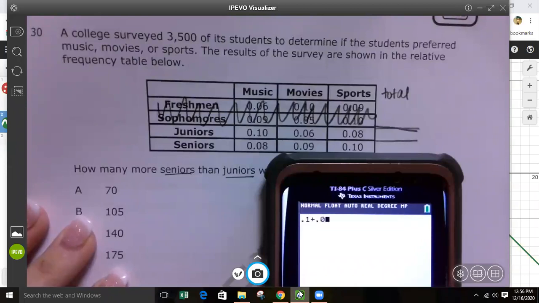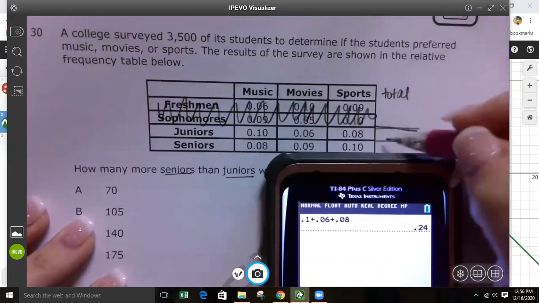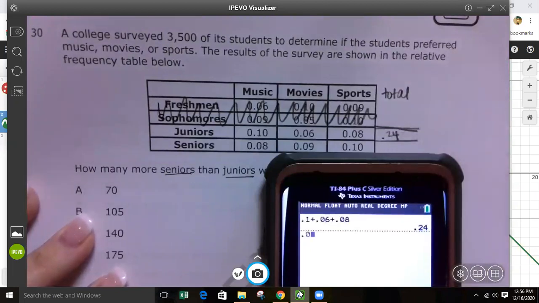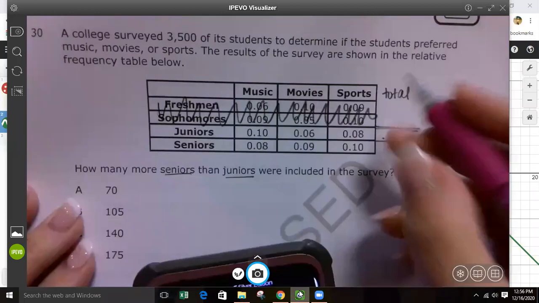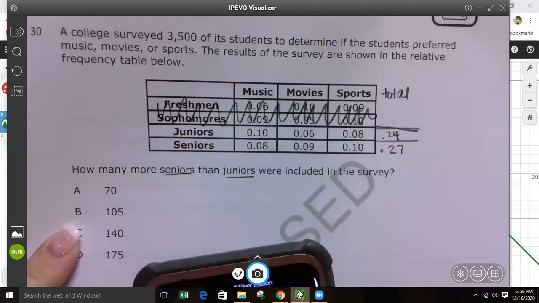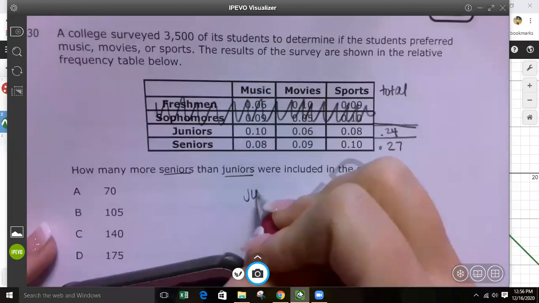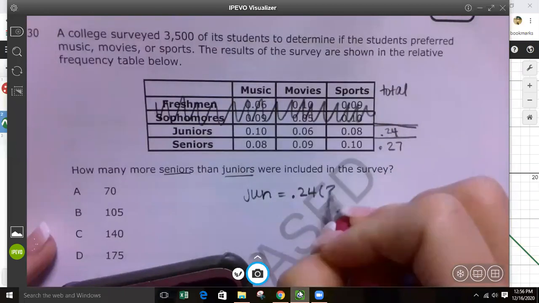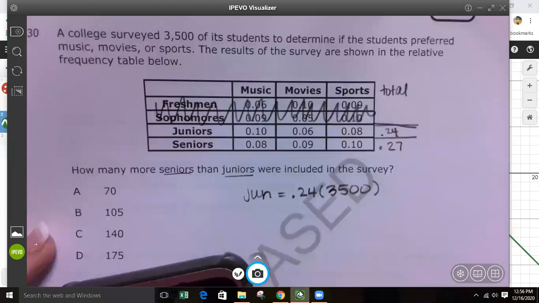0.1 plus 0.06 plus 0.08 is 0.24. So juniors are 24%. 0.08 plus 0.09 plus 0.1 is 0.27. Now to figure out the actual number, you just multiply those two by 3,500. So juniors is 0.24 times 3,500.